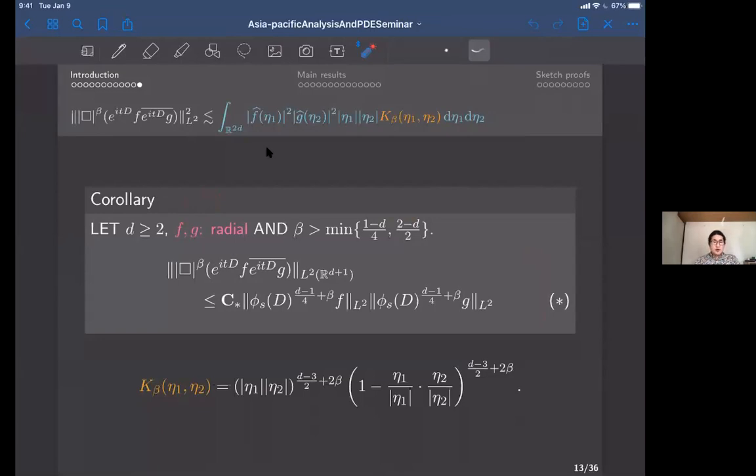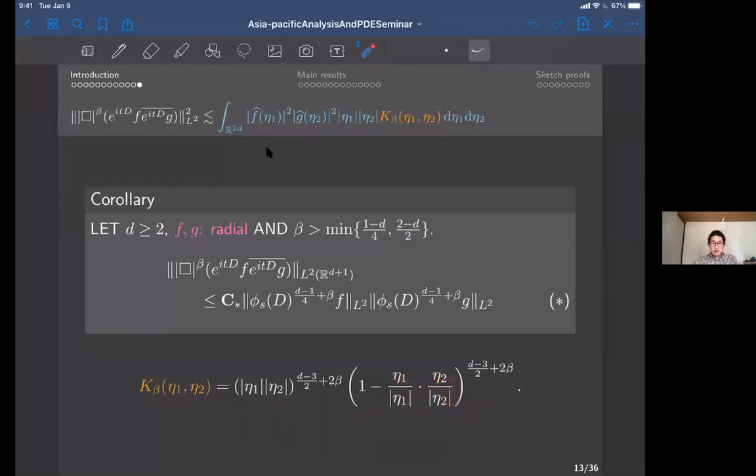And this C star is, of course, sharp. This is because if you take this modulus of eta 1 and eta 2 out from the kernel, then by polar coordinates, you see this has only the radial information, and the remaining thing has only angular information.